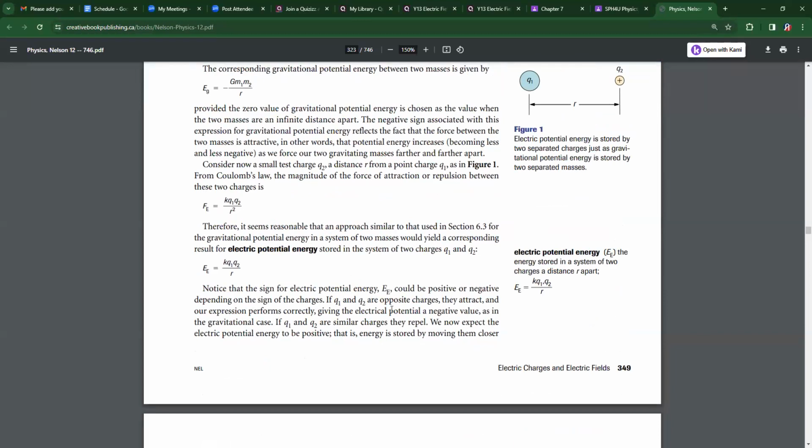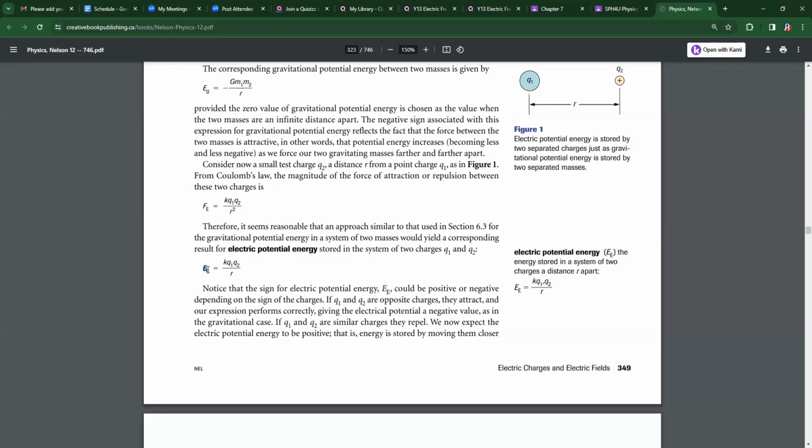For the electric field, it's something similar. It's the energy stored in a system of two charges a distance r apart. If you multiply force by distance, what is that? Energy.